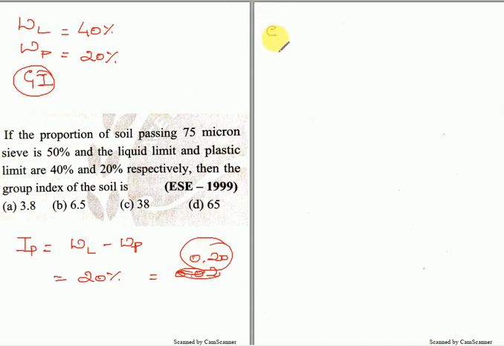Coming to the group index formula, as we see, the formula is 0.2 times A plus 0.005 times AC plus 0.01 times BD. I have explained everything with respect to this formula.